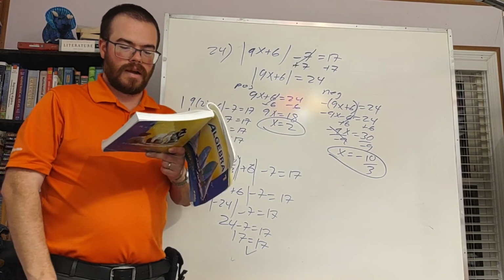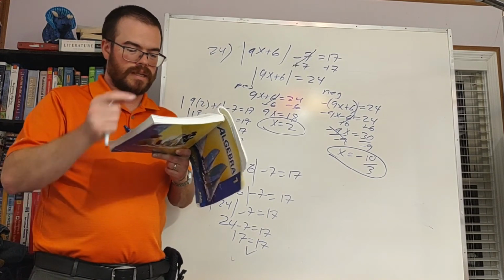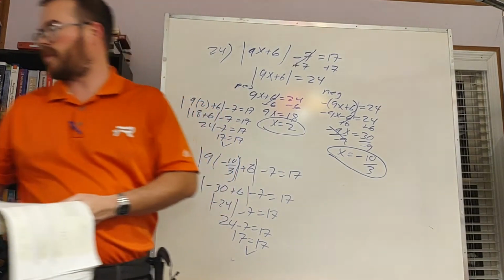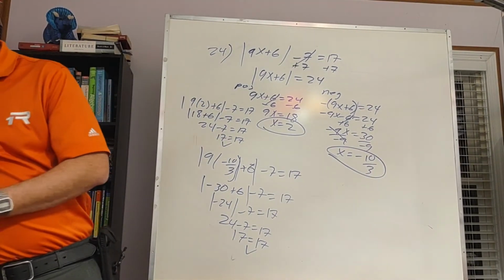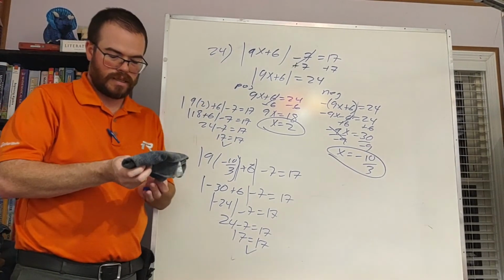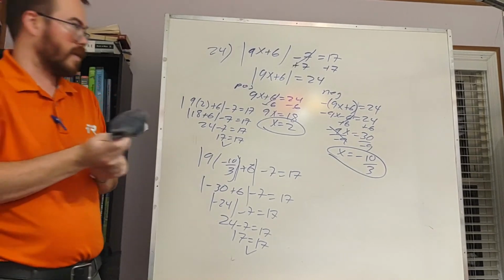All right. So we'll do 26 and then 28, and we'll say that's probably good enough. Okay. So let's erase this and go look at 26, and then we'll do one more after that, number 28. Okay.